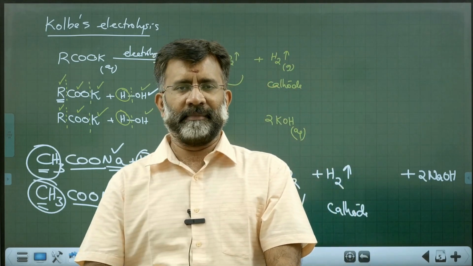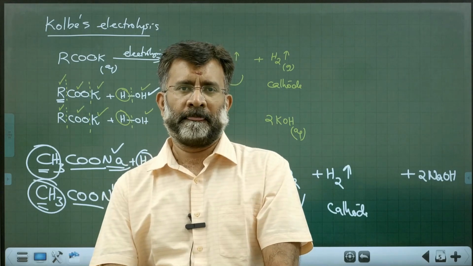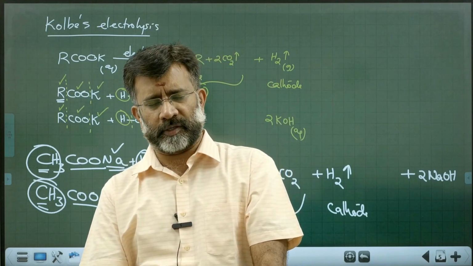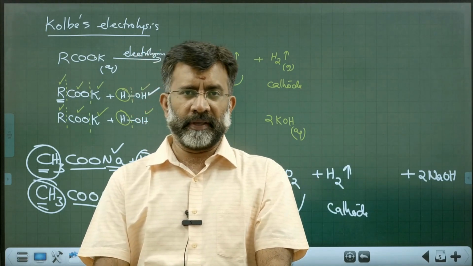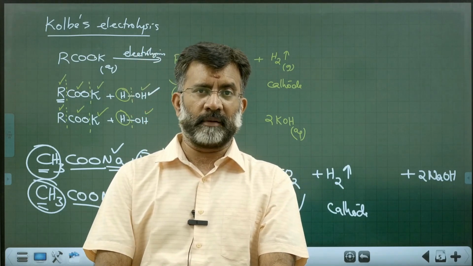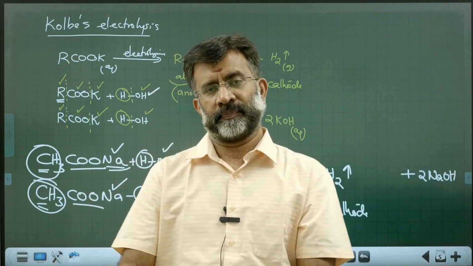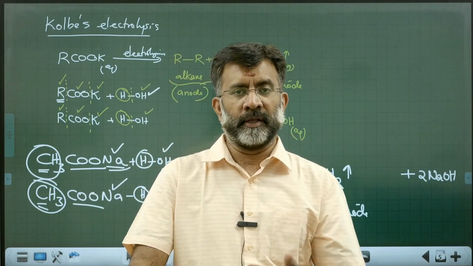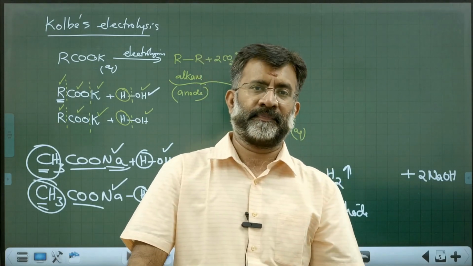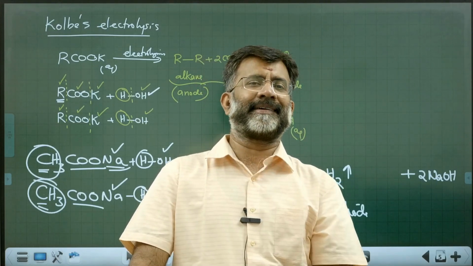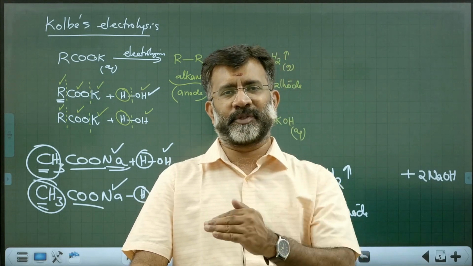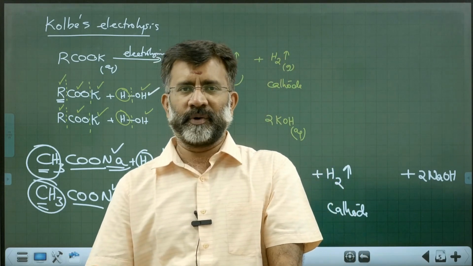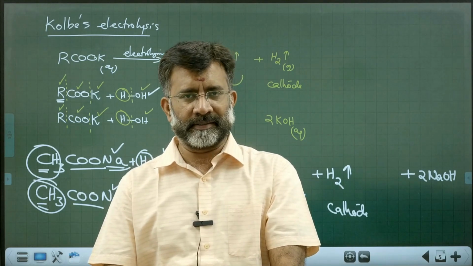The detailed mechanism you must know. And there are several modifications of the Kolbe reaction. Examples: where we get saturated monocarboxylic acid, you get alkane. Saturated dicarboxylic acid at 1,2 position, you get alkene. Unsaturated dicarboxylic acid at a vicinal position, you get alkyne. All examples, if required, we can go through when we discuss the questions.